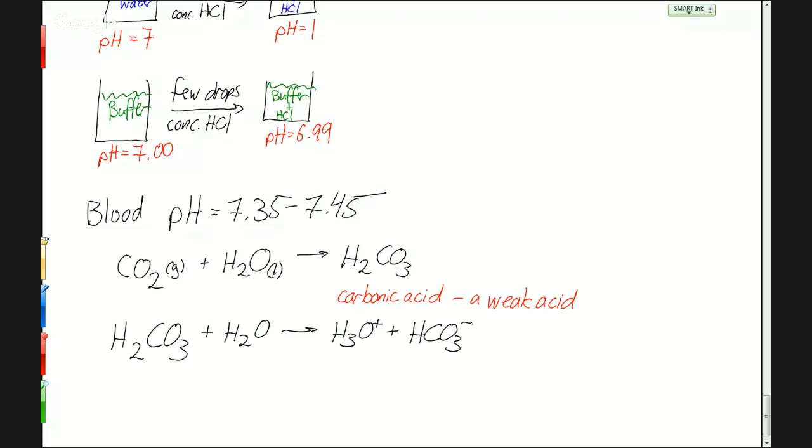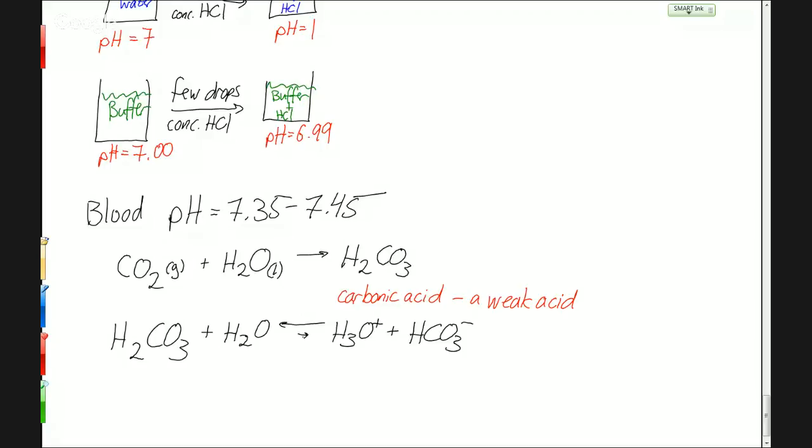Now this, because it's a weak acid, we're going to actually have this going mostly this way. So we're only forming a little bit of hydronium and just enough to keep our body at that right pH.